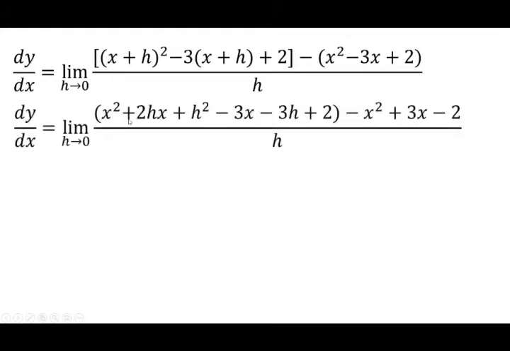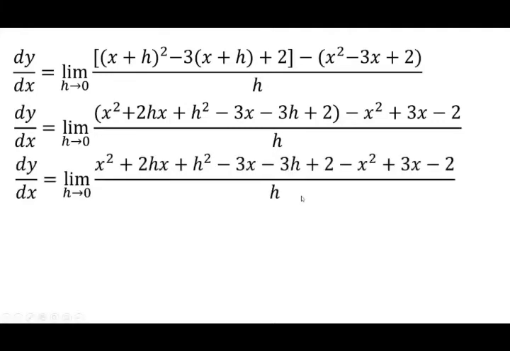So dy over dx is equal to the limit of x squared plus 2hx plus h squared minus 3x minus 3h plus 2 minus, so distribute natin yung negative, magiging minus x squared plus 3x minus 2 all over h. So, nasusundan nyo pa ba? And then, alisin natin yung parentheses. Ayan.